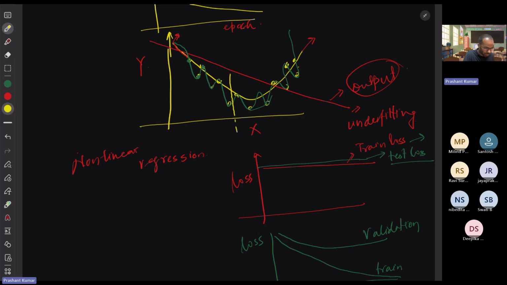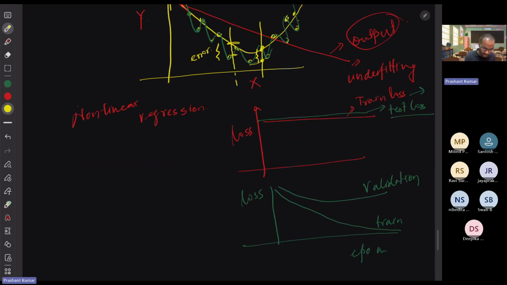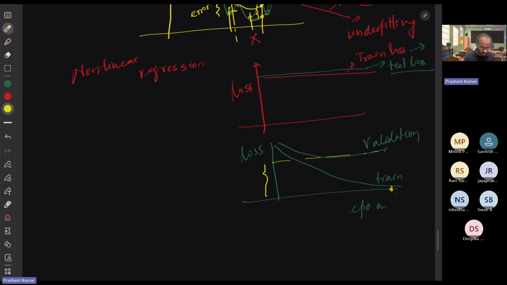Ideally your output should come here, but you are predicting here. So this is your error. And in that case, your error will be higher. However, when you are predicting at the training points, your loss is very, very small. So this is called overfitting.